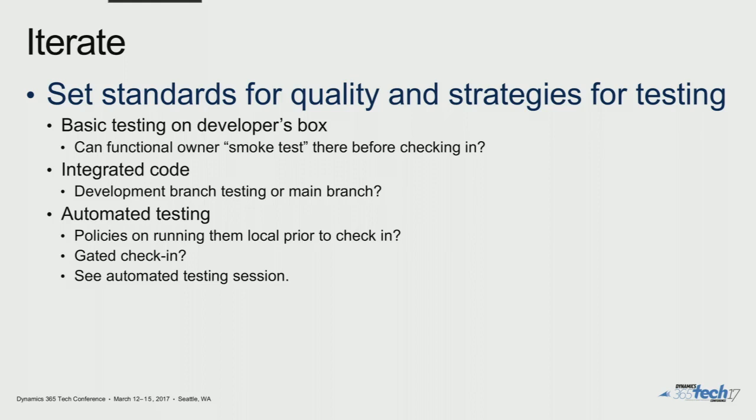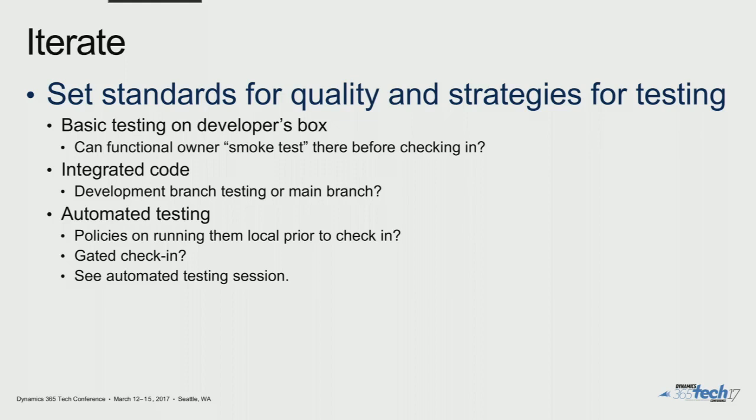And as far as automated testing, we talked about that already a little bit. I'll show you the gated check-in. I really liked it. Gated check-in is something that internally at Microsoft we use heavily. There's not a single piece of code that gets checked in directly. As soon as you try to check in, it kicks off a build, it runs all the tests, and only when it meets a certain quality bar is the check-in committed.